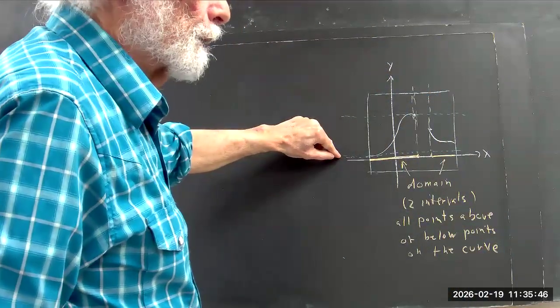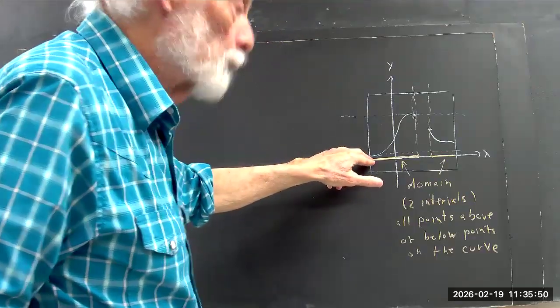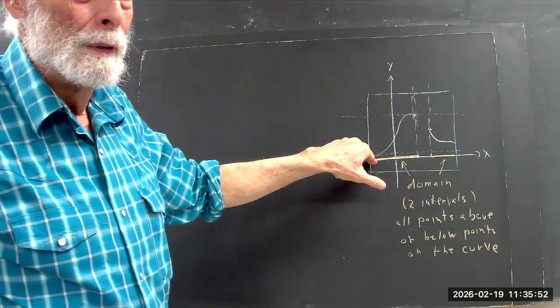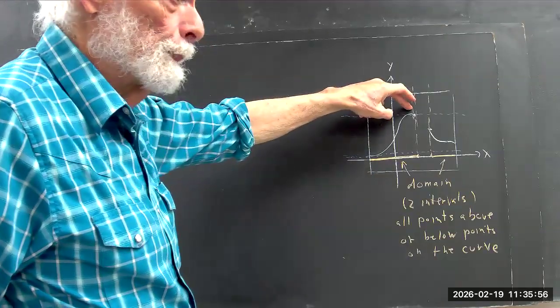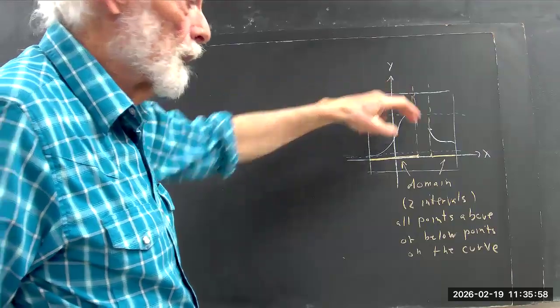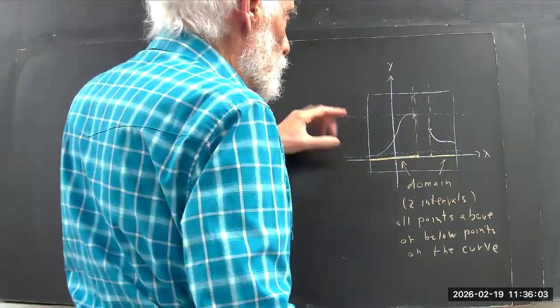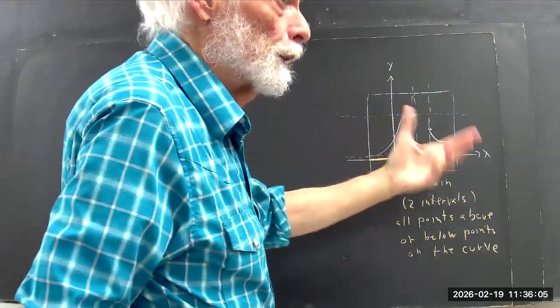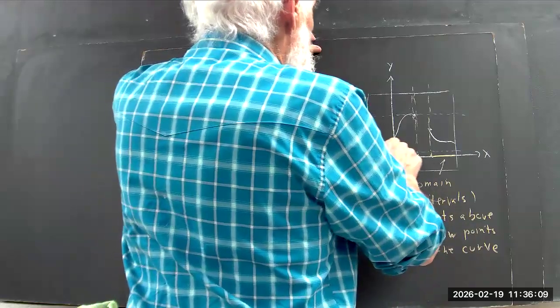is between the blue dotted line that goes through the lowest point on the curve and the blue line that goes through the highest point. Every line that we draw between those two lines is going to hit the graph somewhere. Some lines are going to hit the graph twice.